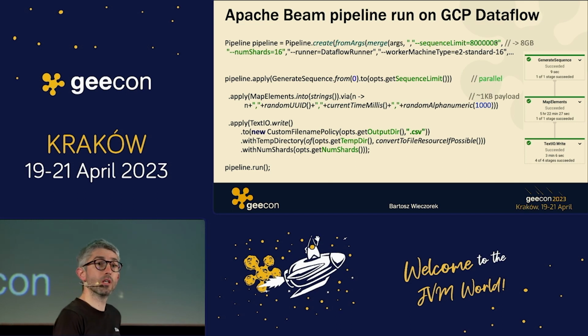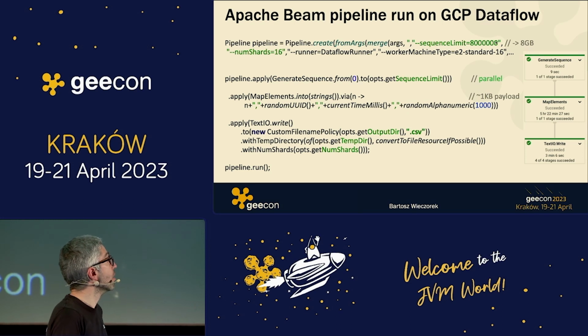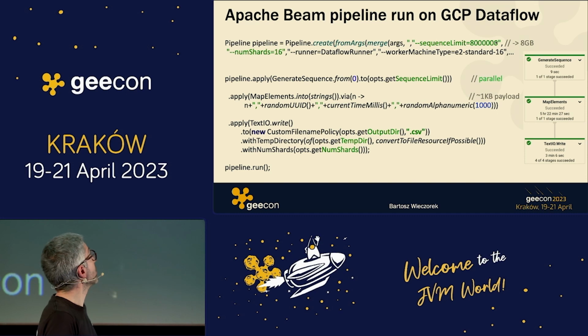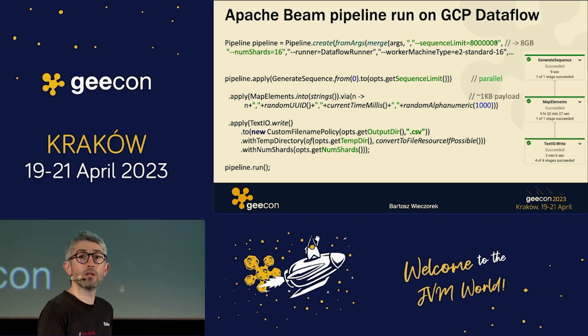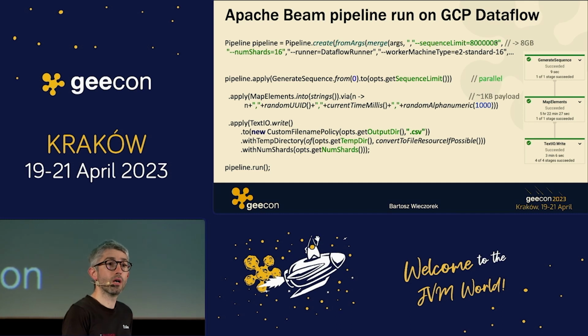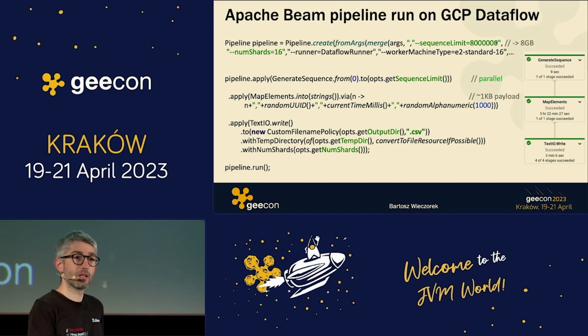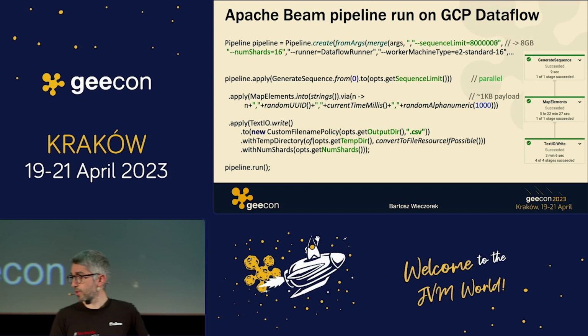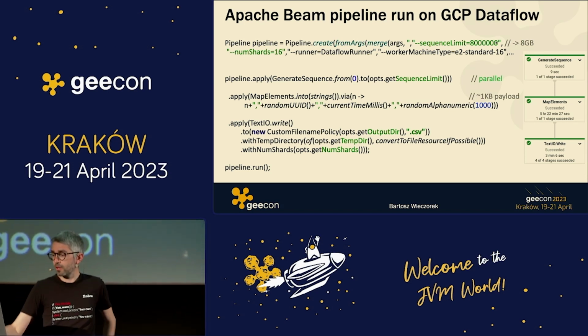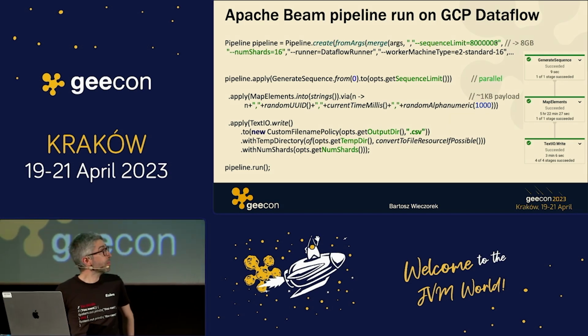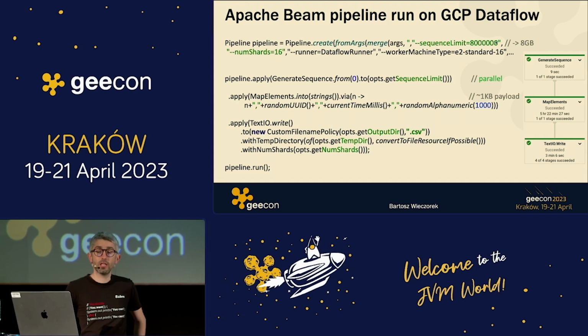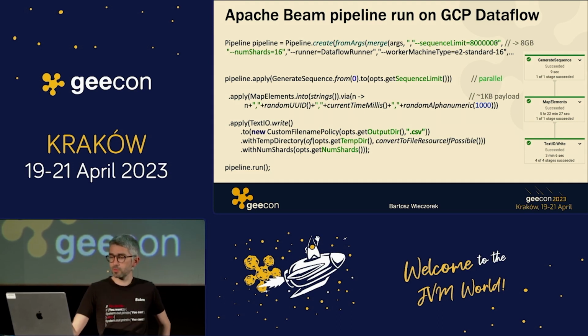So if you change the limit to not 8 million, but maybe 100 million, probably the throughput will be the same, but the pipeline will execute longer. Okay, we will get to sharding. That's one thing, good. It will be a very obvious, simple change here, so don't be surprised.